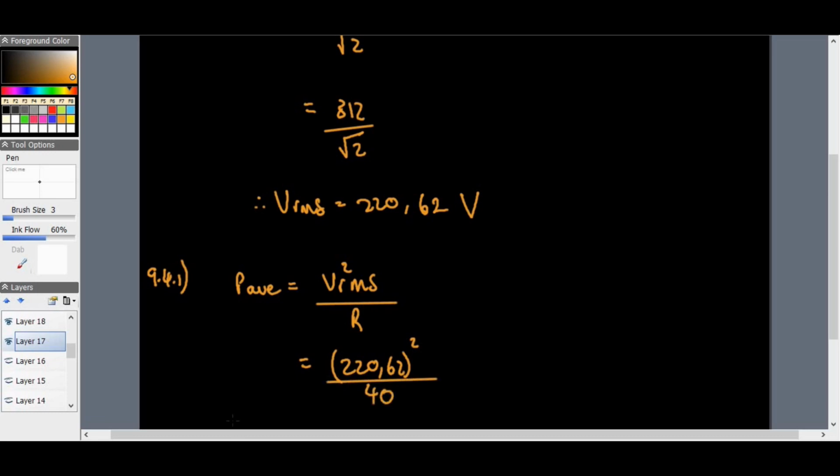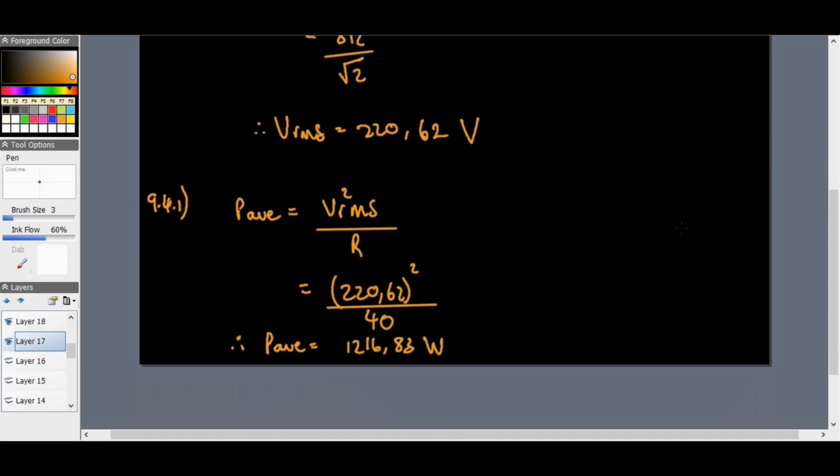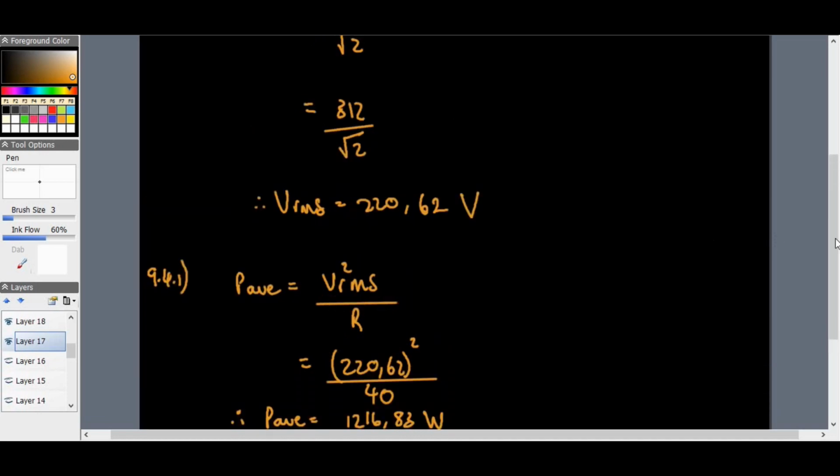If we do that, we'll get that the average power will equal 1216,83, and power is measured in watts, so that's 1216,83 watts as our average power. Now we could have done it another way.